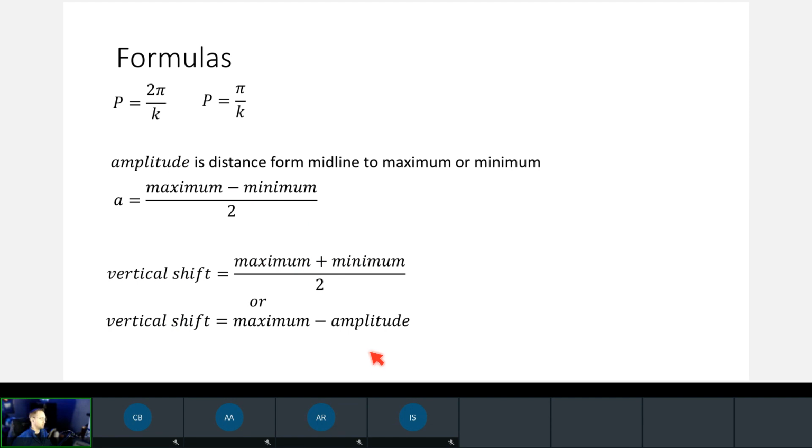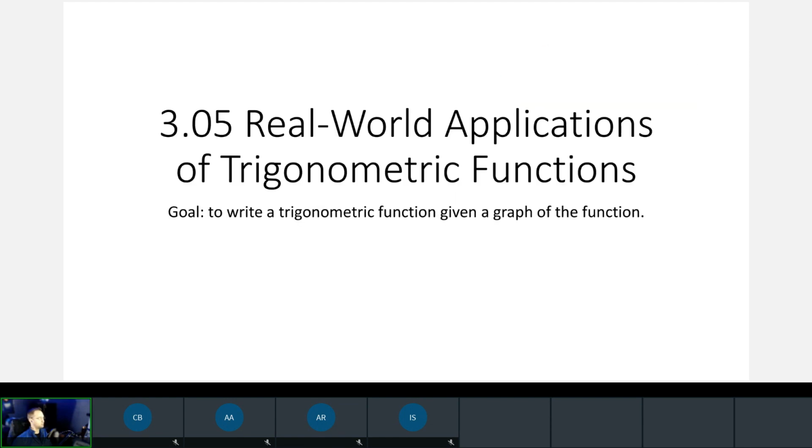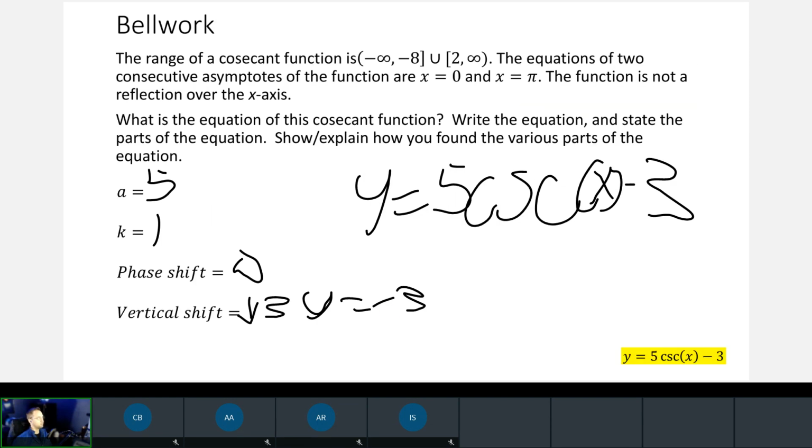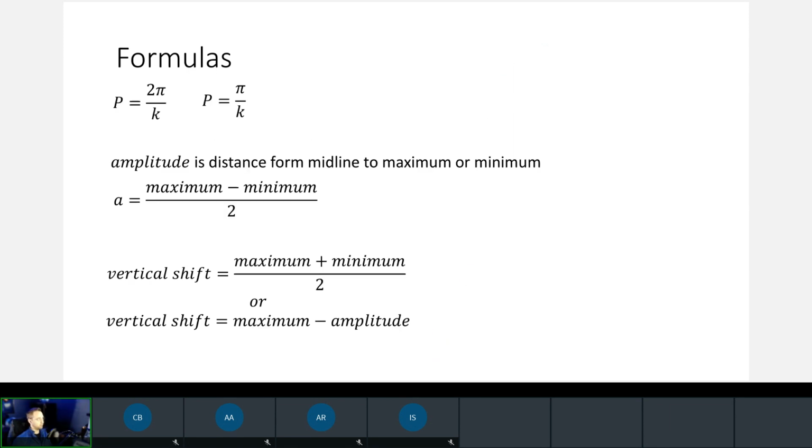So going back to this problem here, these would be the min and the max values. If you graphed it, you would see that. So you would have -8 plus 2, that is -6, and then -6 divided by 2 is -3. So that tells us a vertical shift of down 3. So that's a mathematical way of finding it.